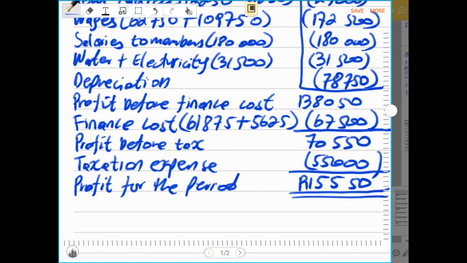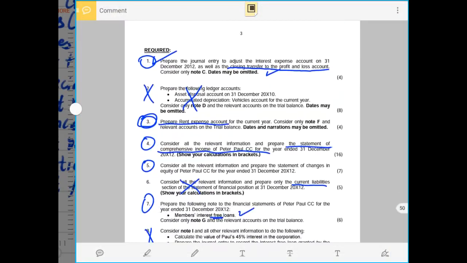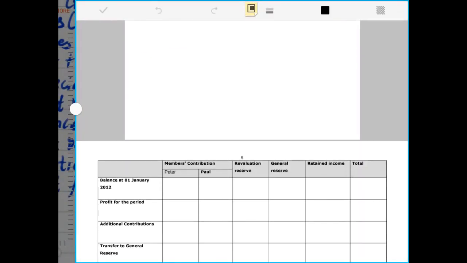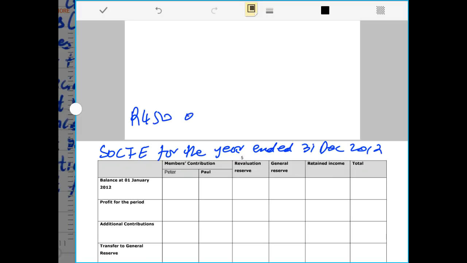So now from here we can do the statement of changes in equity for a close corporation. I have already prepared the template for the statement. I have to start by saying statement of changes in equity for the year ended 31st of December 2012. Now we have to start with the opening balances. Remember, we had a total capital contribution of 450,000 rands, which had to be divided into 55% and 45%.